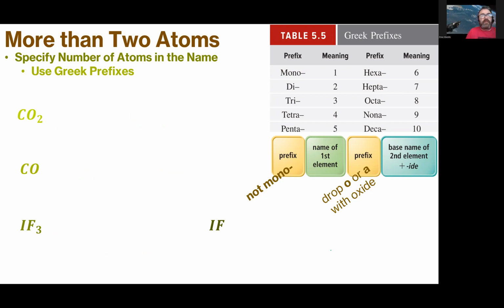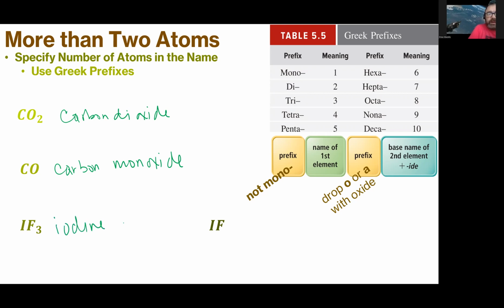Here's another handful of examples. If we've got CO2, we saw these in the other video, carbon dioxide. This is carbon monoxide. Iodine, three fluorines would be trifluoride.